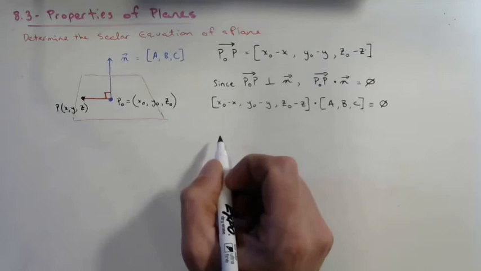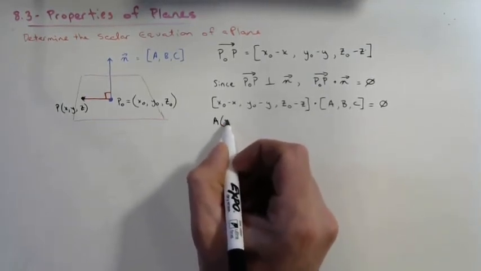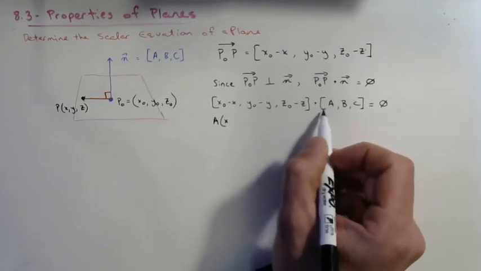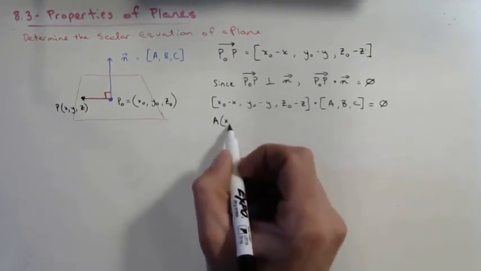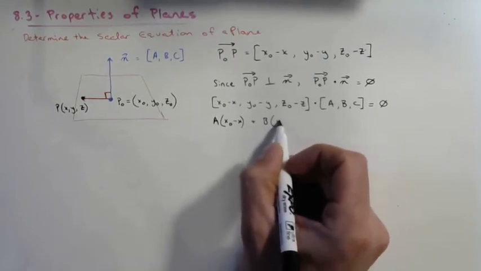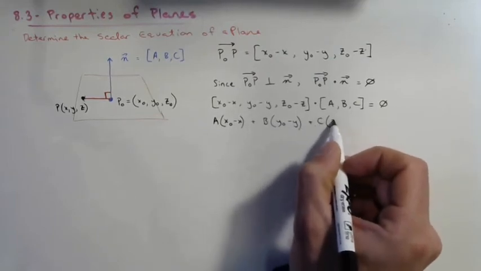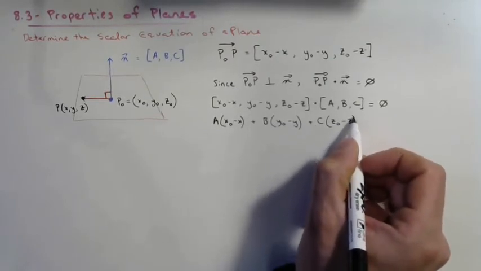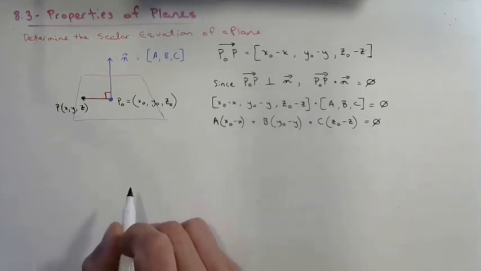So now we're going to take the dot product of that, okay? So we're going to take the x component of each vector, and multiply it together. So A times (x naught minus x) plus B times (y naught minus y) plus C times (z naught minus z), and that is equal to 0.